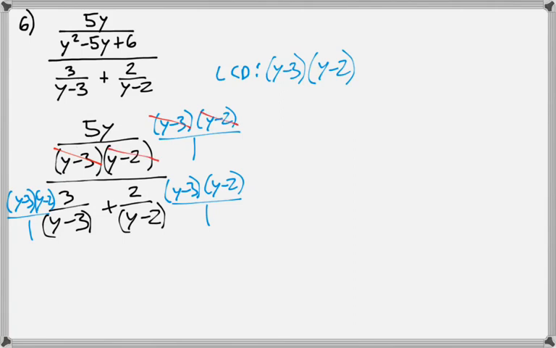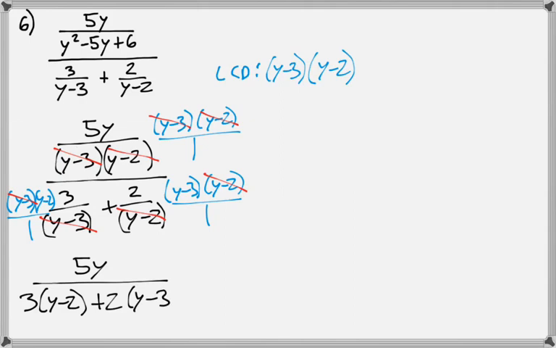So they all cancel out on the first one, and that leaves you with 5y. The y minus 3's cancel out here, and that leaves you with 3 times y minus 2. The y minus 2's cancel out here, and that leaves you with 2 times y minus 3.